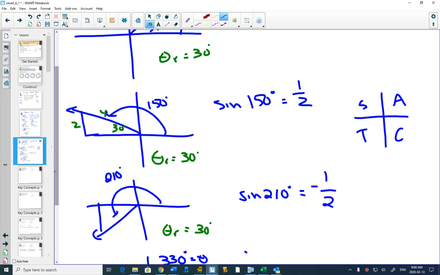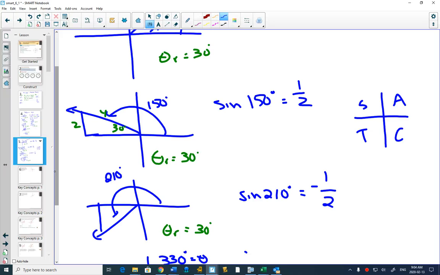Now, part of the reasoning for the negative is sine is opposite over hypotenuse. Now my opposite side is going down. So that is part of the reason why it's negative. We're going to get an even better reason later on in class today when we look at how sine, cos, and tan are related to the unit circle.